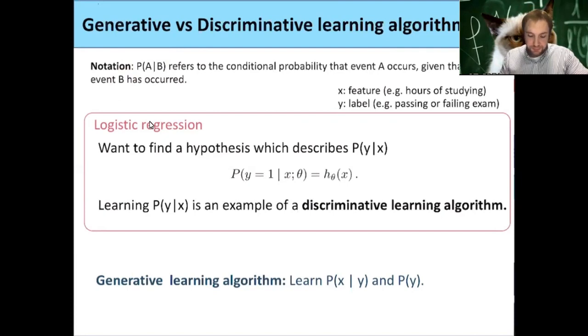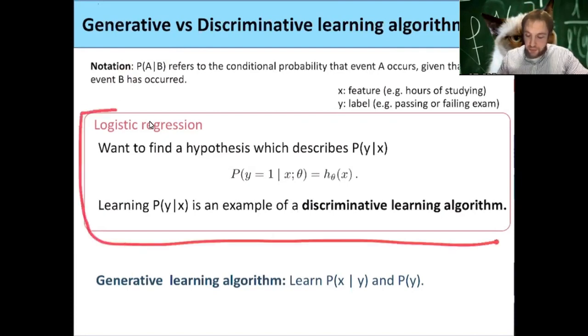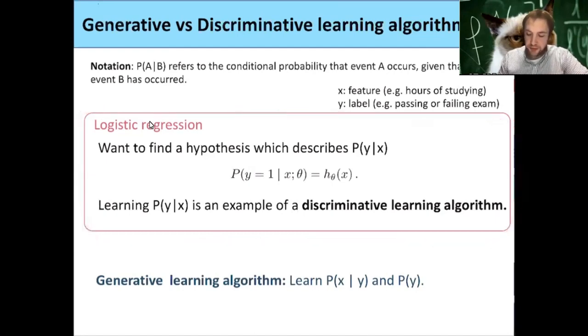We used this last time in the example for logistic regression. There we had the example of hours of studying and passing the exam. The label was passing the exam, which was either 0 or 1, and the feature was the hours of studying.